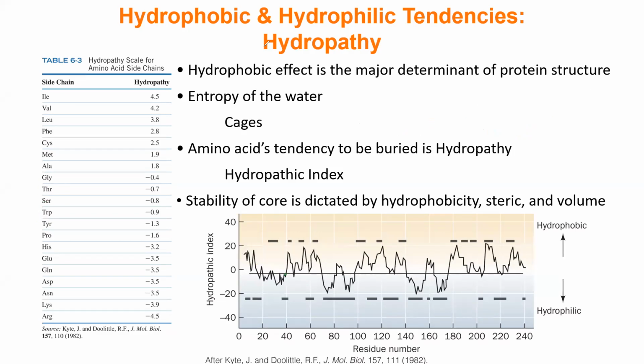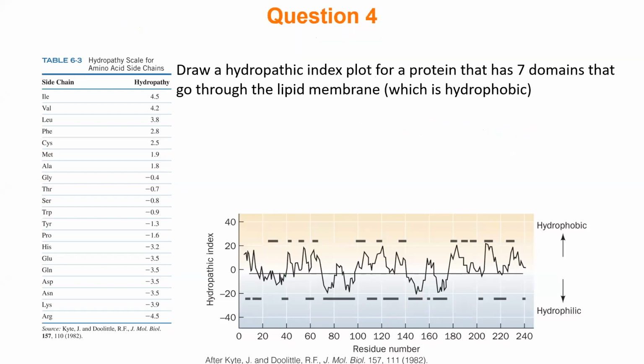Right. So the last question I have is practice on this. And hint, hint, for the last 3 semesters, I've asked a question just like this on our next exam. So what I want you to do is predict what a hydropathic index or hydrophobicity plot will look like for a protein that has 7 domains. And each one of these domains goes through the lipid membrane.